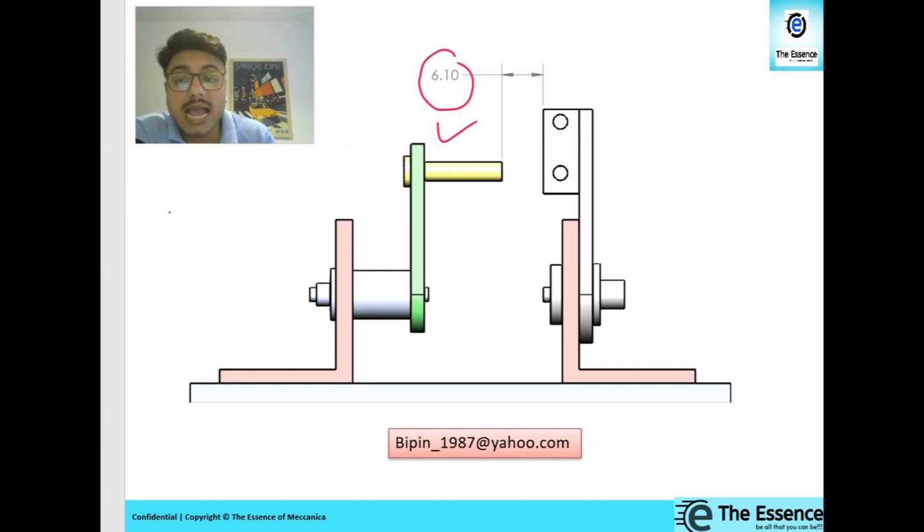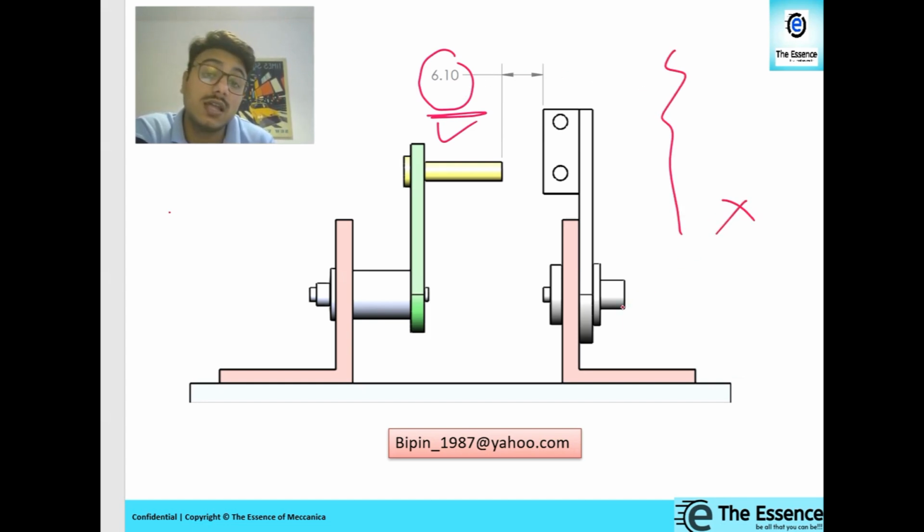So the mean in my tolerance stack up table should always be this. I should reach this mean only. If I am getting something else in my tolerance stack up analysis, that means something is wrong. So that can be a check. In CAD, this is the mean dimension we are getting. So in that way you can do it.